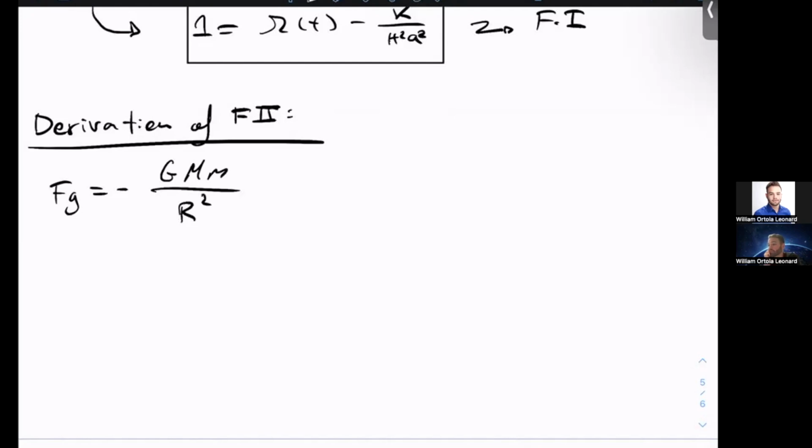And now we're going to do the same thing where the radius can be expressed in terms of the co-moving distance as a of t times the co-moving distance, or this co-moving radius.